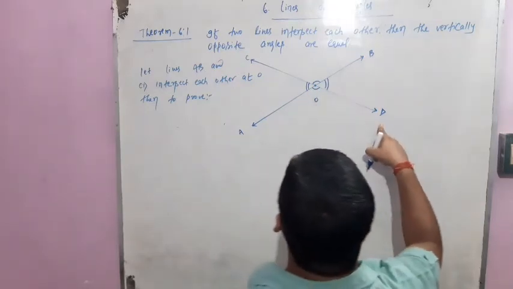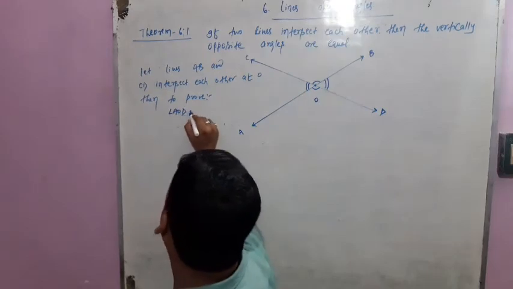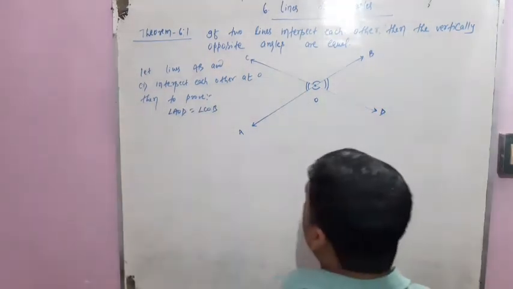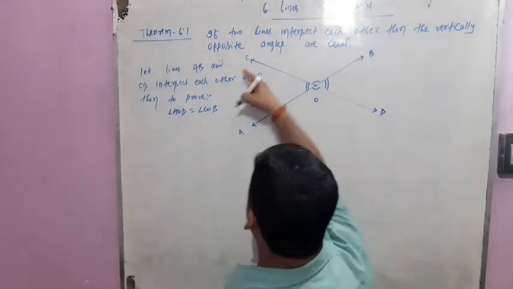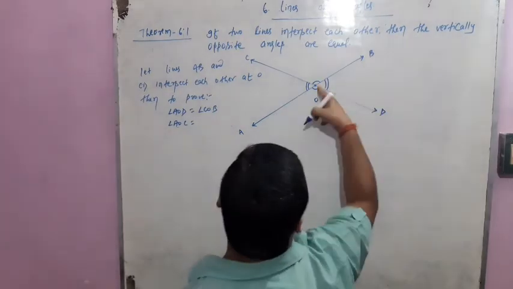Angle AOD is equal to angle BOC. Angle AOD is equal to angle COB or BOC, whatever. And second, we have to prove angle AOC is equal to angle BOD.